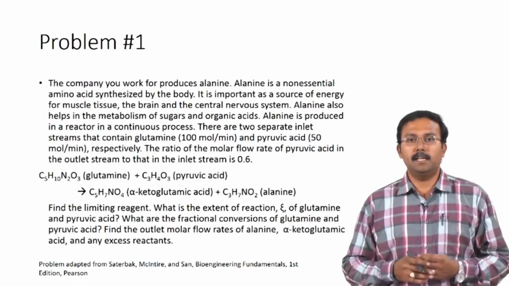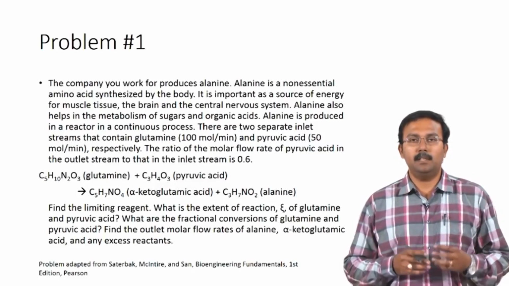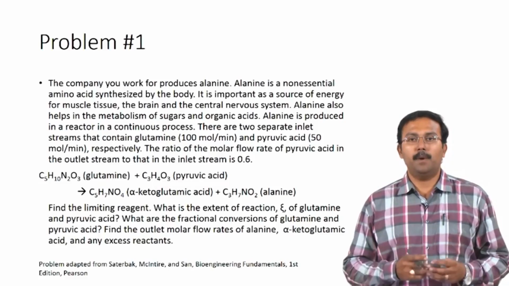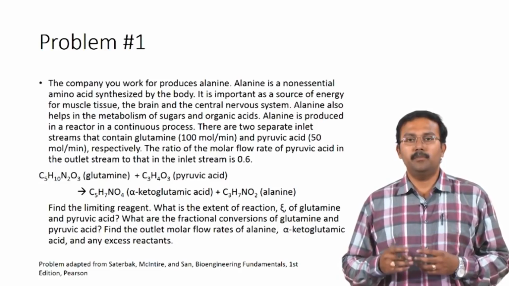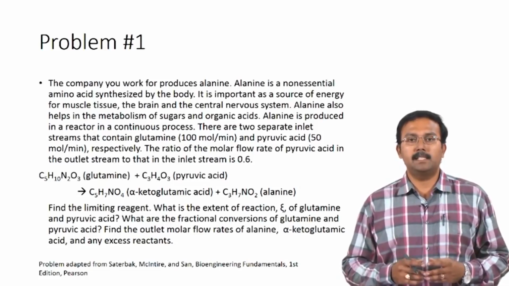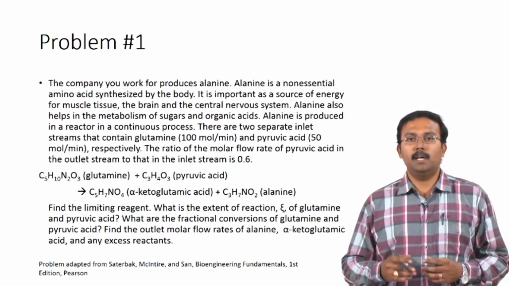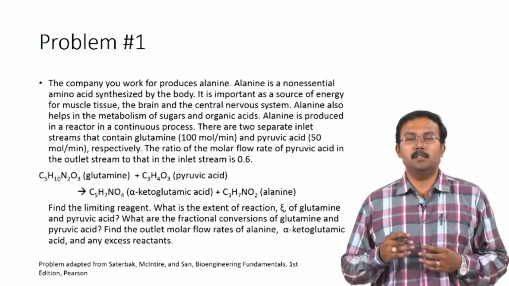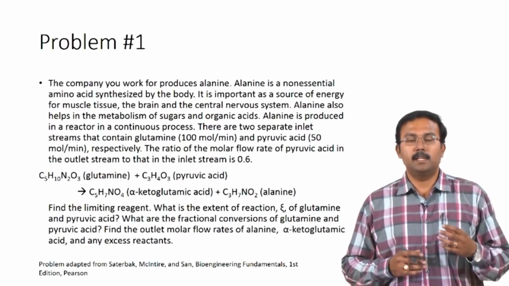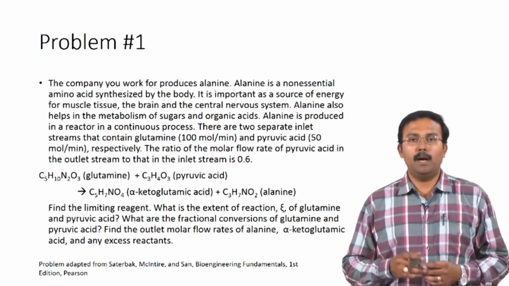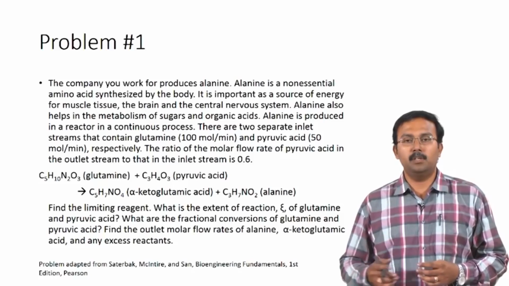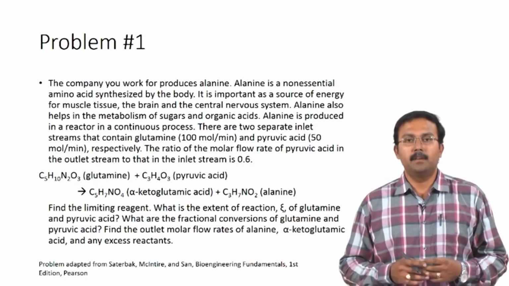There are two separate inlet streams that contain glutamine at 100 moles per minute and pyruvic acid at 50 moles per minute. The ratio of the molar flow rates of pyruvic acid in the outlet stream to that in the inlet stream is 0.6. So, the reaction is glutamine reacts with pyruvic acid to form alpha ketoglutamic acid and alanine.